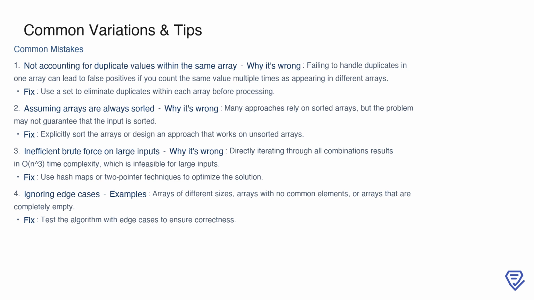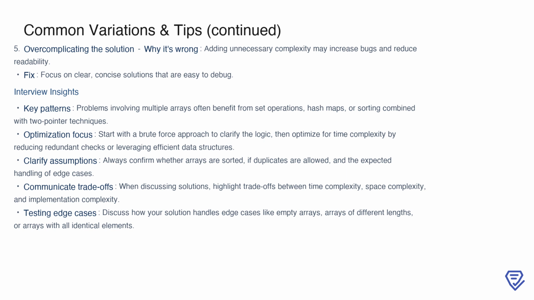Examples might include arrays of different sizes, arrays with no common elements, or completely empty arrays. Always test your algorithm against these scenarios to ensure its robustness. Another common mistake is overcomplicating the solution. Adding unnecessary complexity can increase the chances of bugs and make the code harder to read or debug. It's important to keep your solution clear and concise.